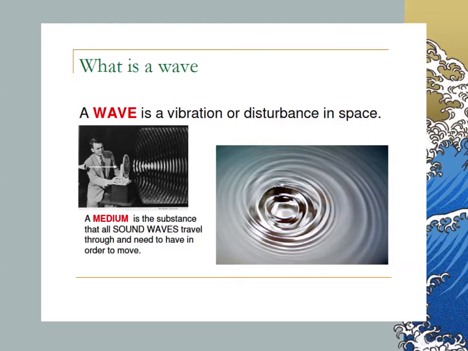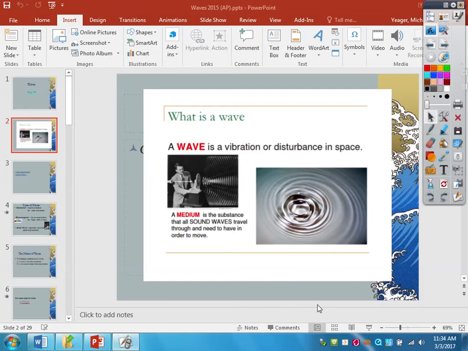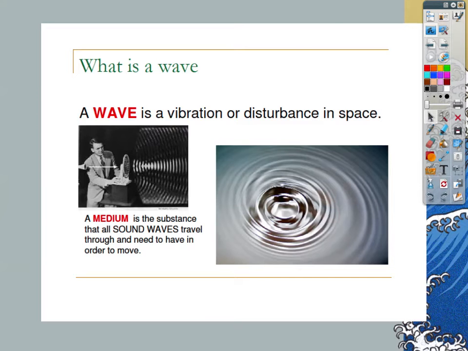A wave is a vibration or disturbance in space. It is a movement of a vibration through space, and the main thing is a wave will carry energy over a distance through space.